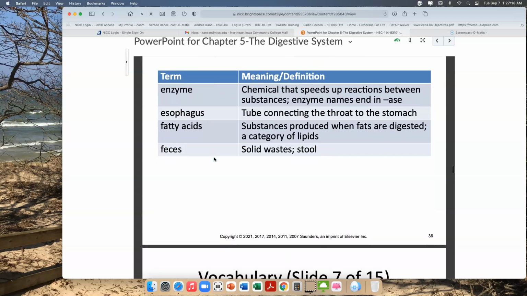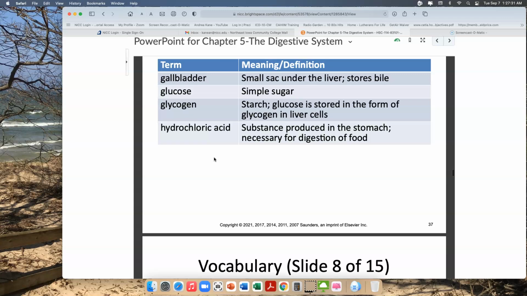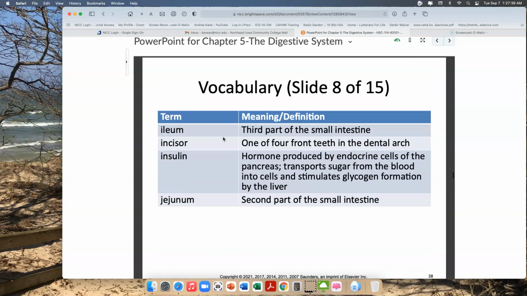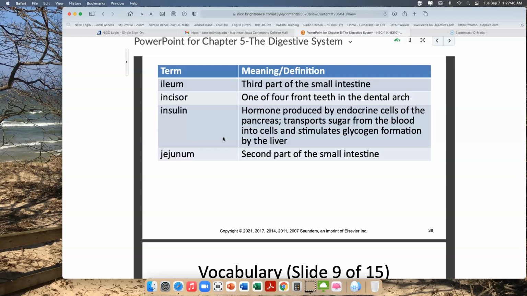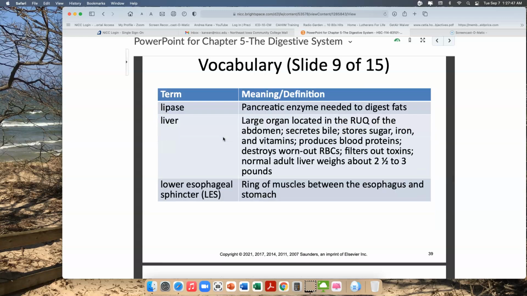Enzyme, esophagus, fatty acids, feces. Gallbladder, glucose, glycogen, hydrochloric acid. Also, or HCl. You may see it as HCl, hydrochloric acid. Ileum, incisor, insulin. Jejunum, lipase, liver, lower esophageal sphincter.